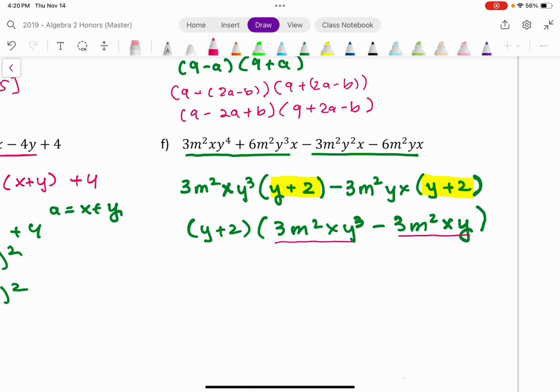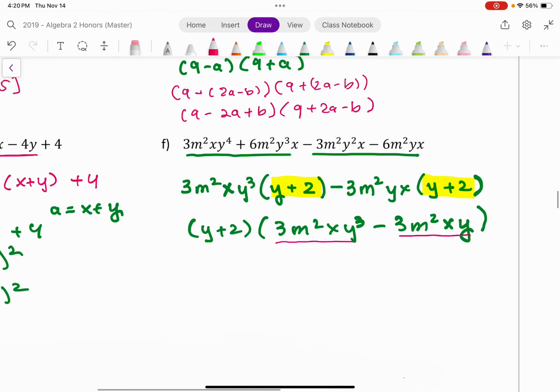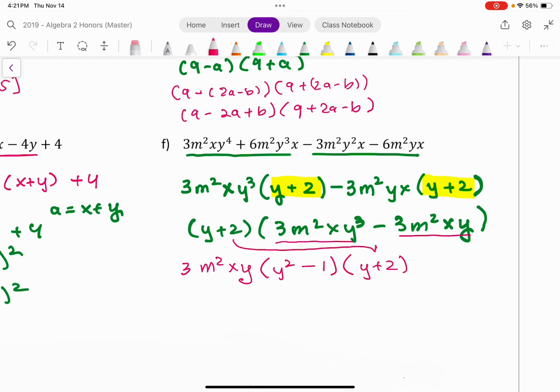So then that means this here, I could factor out a 3, an m squared, an x, and a y. And that leaves me in this factor here a y squared minus 1. And I still have that y plus 2 here, I'm just going to add it on the end here.